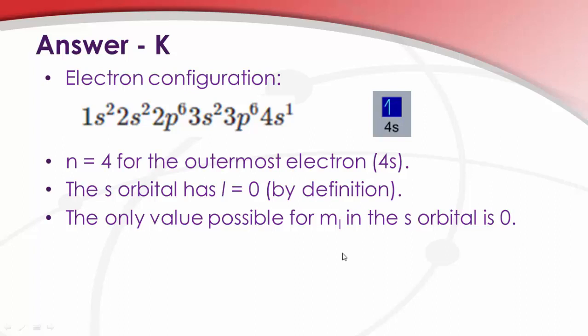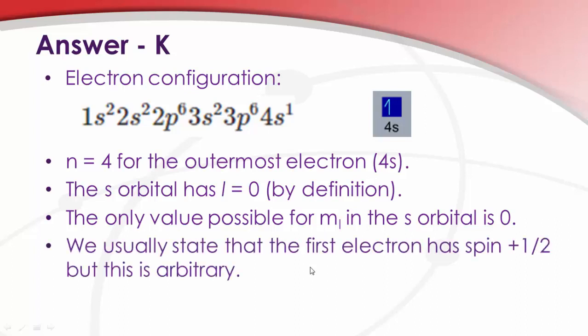And then we usually take the spin as up, or plus a half. And so those are the 4 descriptors for this outermost electron. Our answer to the question then would be 4, 0, 0, plus a half.